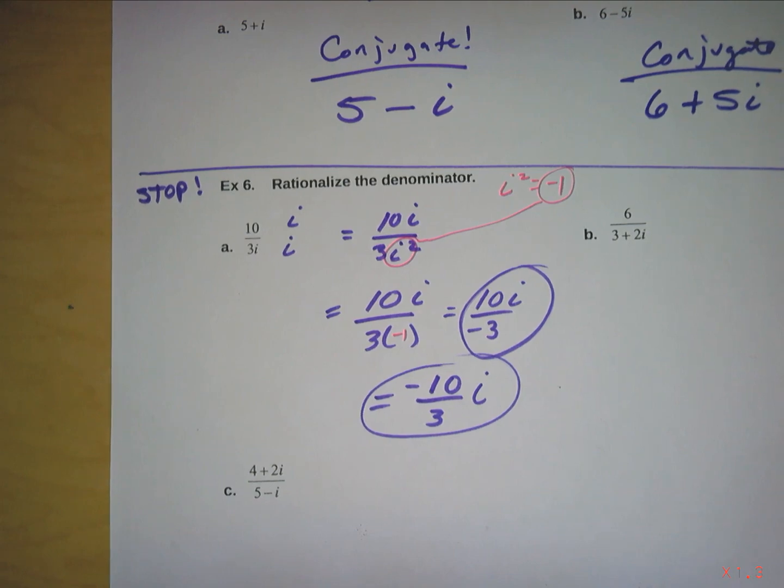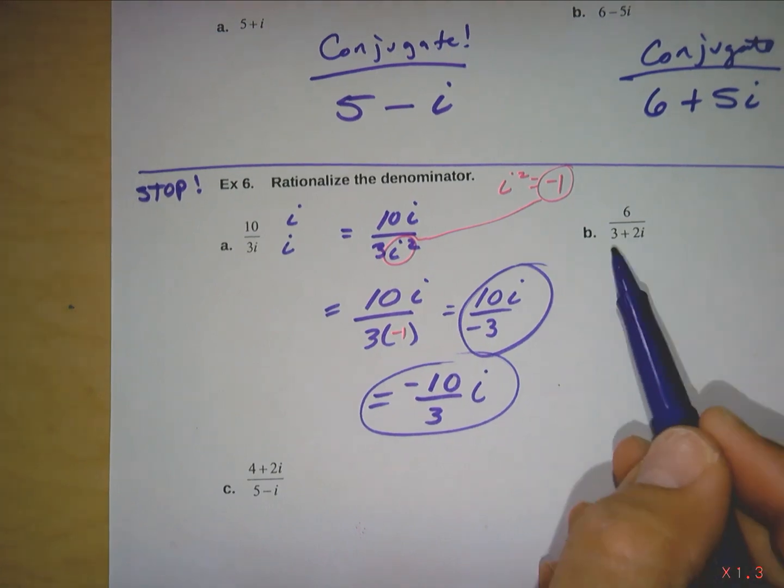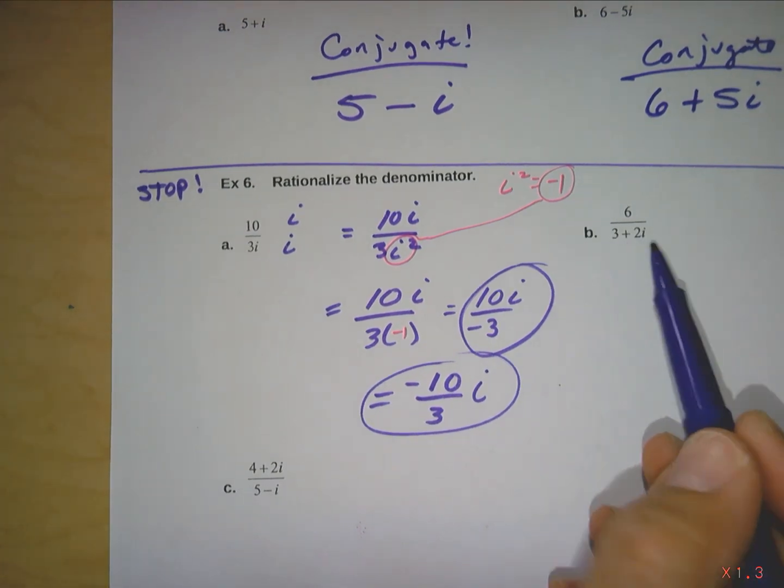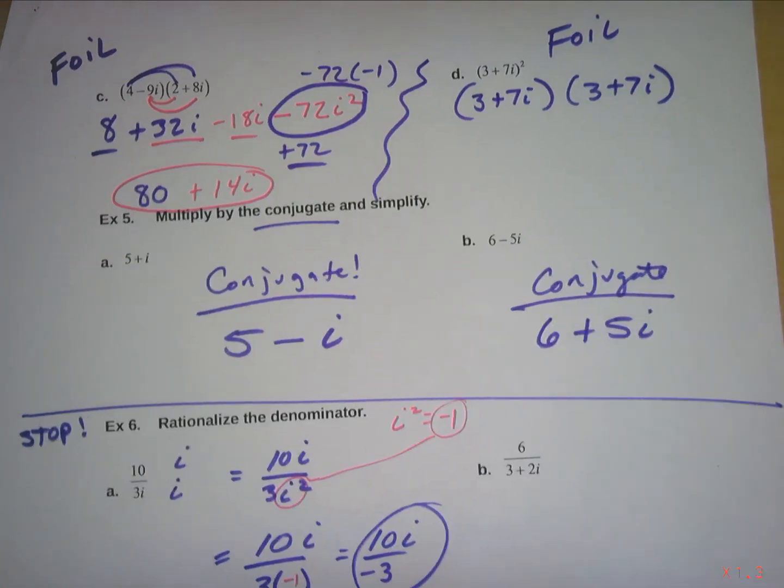All right, now the next one. In B, I have 6 over a binomial, 3 plus 2i. This is where we use the idea of the conjugate.